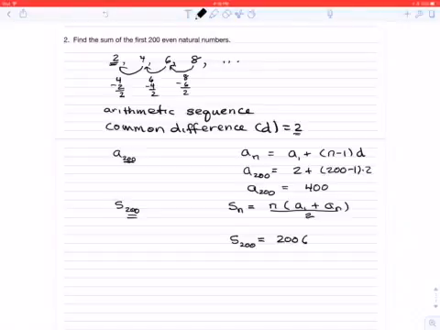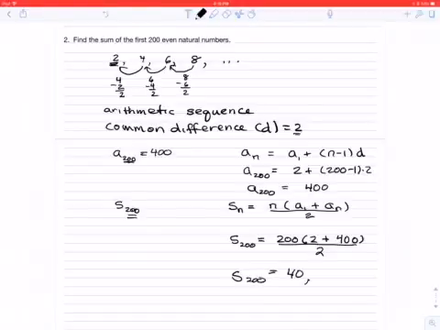That first term in our sequence is the first even number, it's 2, plus the 200th term, which we just calculated to be 400, all over 2. So the sum of the first 200 terms is 40,200.